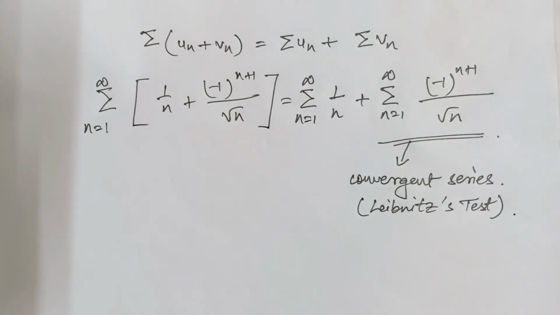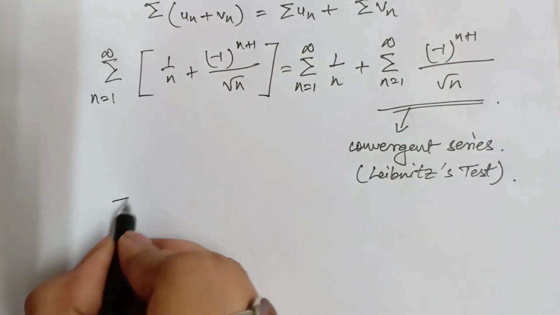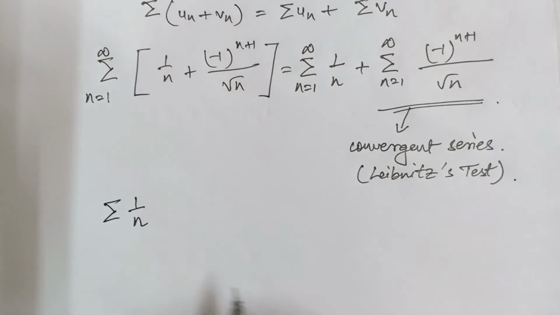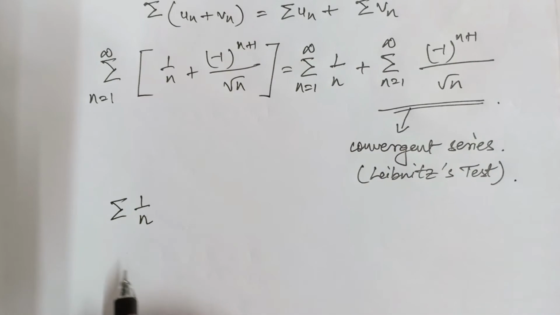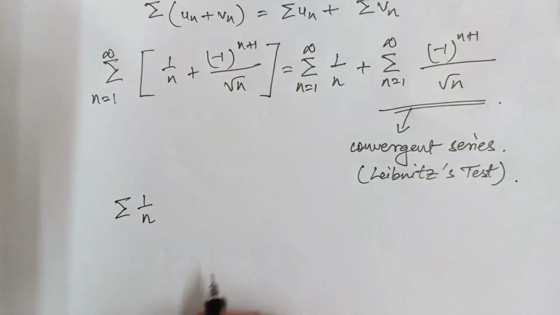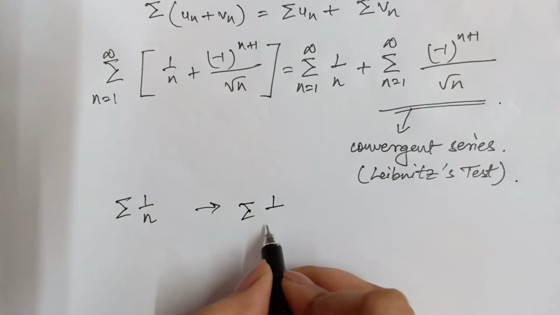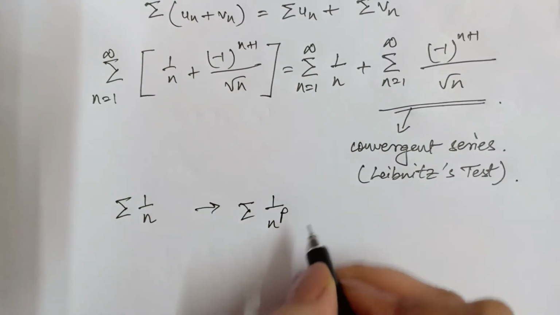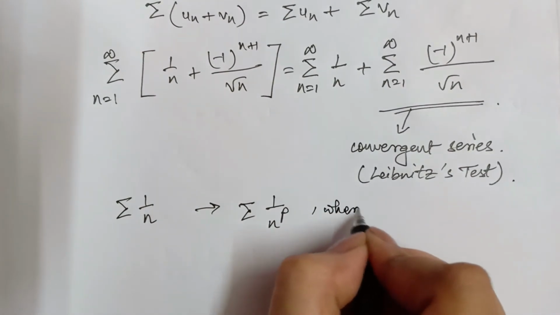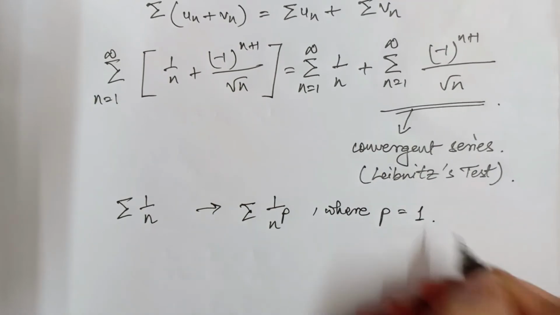And hence its sum is a finite quantity. But for our first series, which is summation 1 by n, it is a series of positive terms of the form summation 1 by n power p, where p equals to 1.